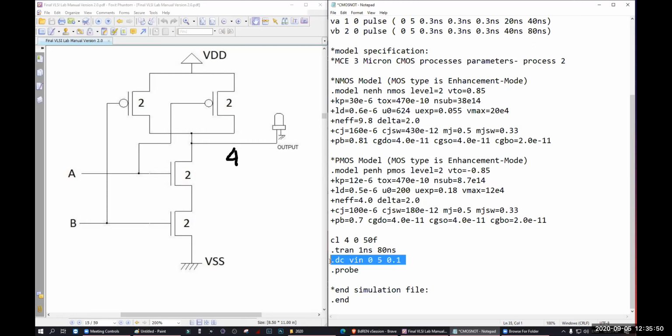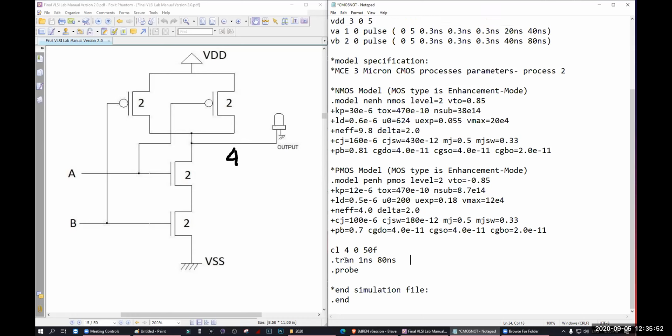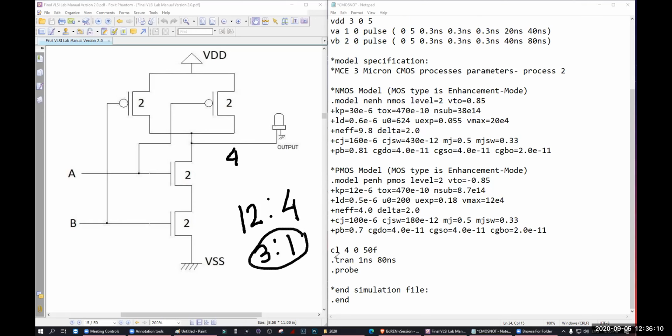Now DC analysis we do not need. We'll delete that, because the only purpose of the DC analysis was to find that it is 3:1. In the previous lab, we changed the values and agreed it will be 12:4. That means 3:1. That was the purpose of DC analysis, and the purpose is already done.